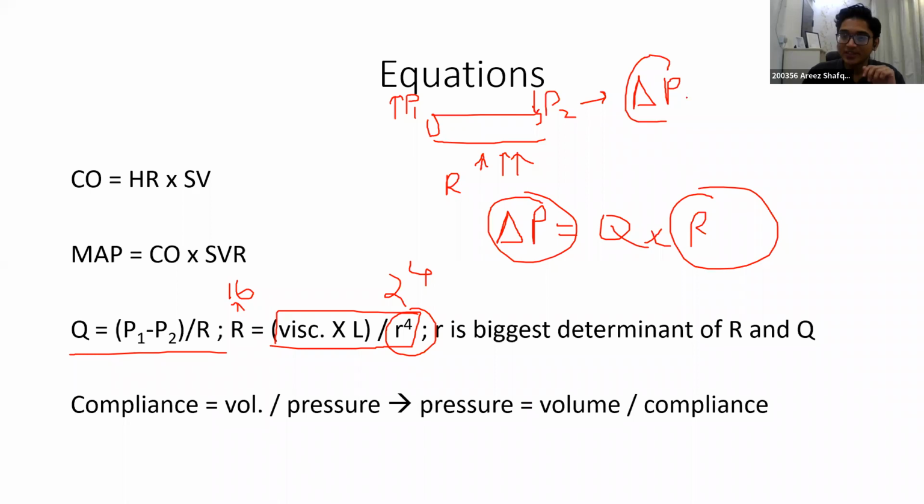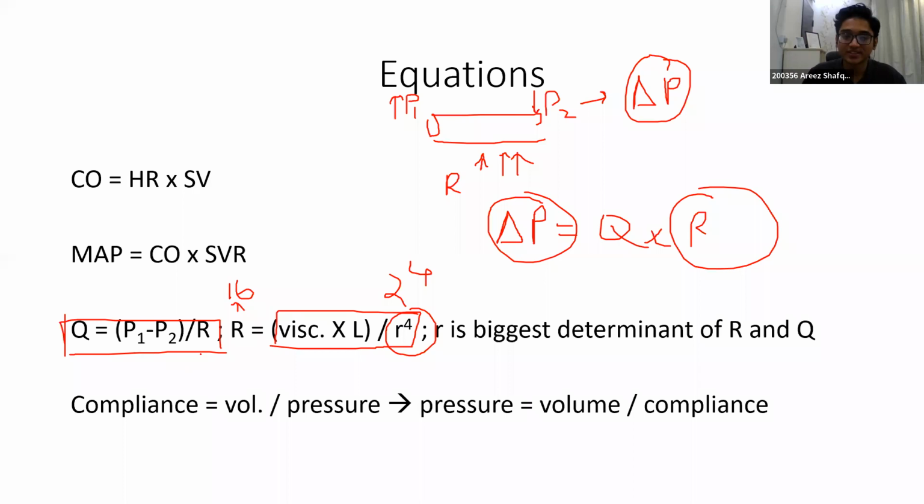Now you know that if delta P, or the pressure difference, is proportional to resistance, then by looking at the changes in pressure across the circulatory system, okay, just let me explain, then I'll get to it. Basically, what I've done is I've rearranged this flow equation for pressure.